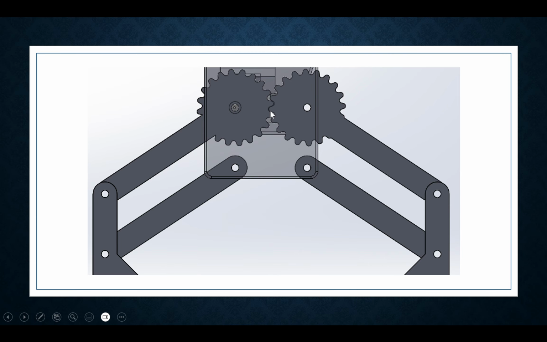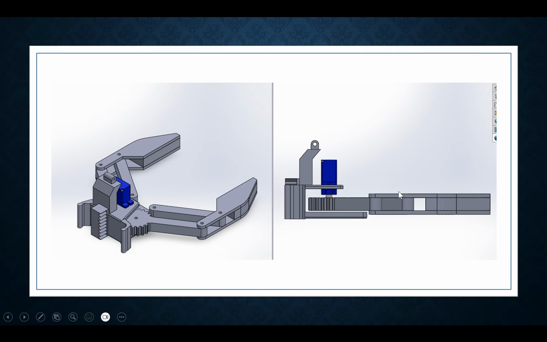We can see these two gears. Below this gear we can see a servo motor, and with the movement of these gears the claws of the gripper will open or close to hold on to the box. So that is also important.